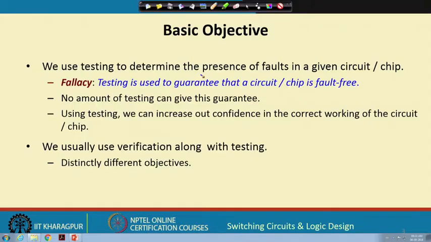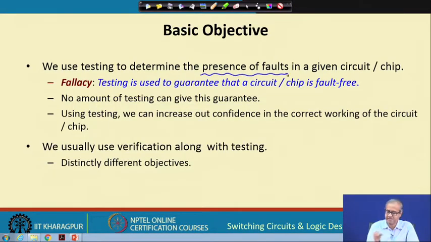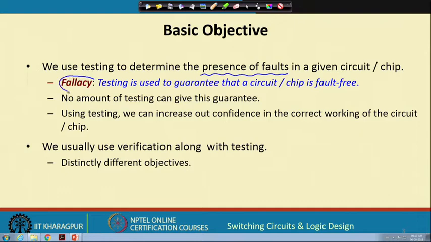Now, the basic objectives of testing. What is the basic objective that you are trying to meet? The point to note is that we use testing to determine the presence of faults if there are any. But there is a fallacy that someone thinks that we do testing to guarantee that a circuit is fault free. But the problem is that no amount of testing can give you this guarantee.